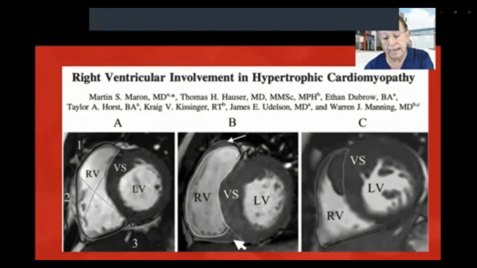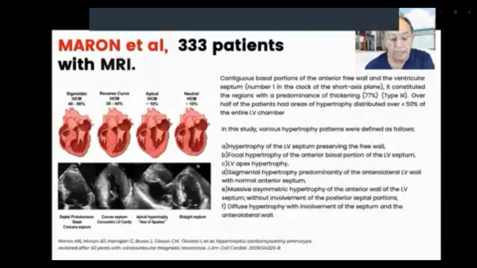And in this kind of patient, it's possible to have obstruction in the right ventricle. So the presence of right ventricular involvement is necessary to understand, because these patients have two other complications too.